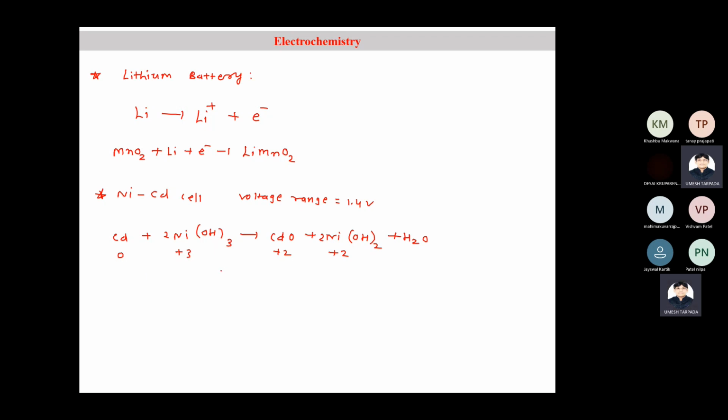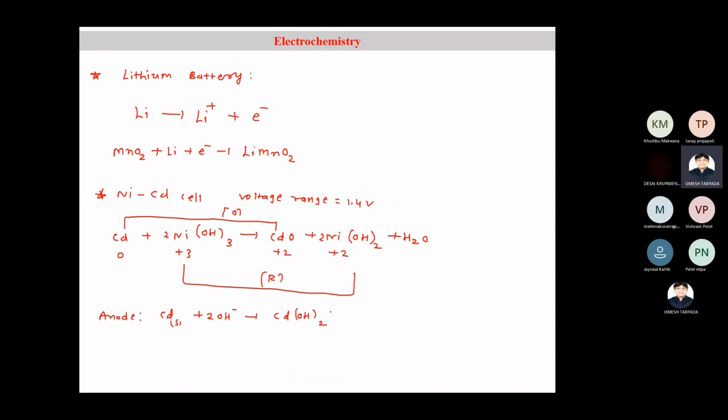This is the overall reaction. Nickel undergoes reduction, cadmium undergoes oxidation. If you want to write separate reactions, you can also write them. At the anode, Cd undergoes oxidation to give Cd(OH)2. This type of reaction can also be written.